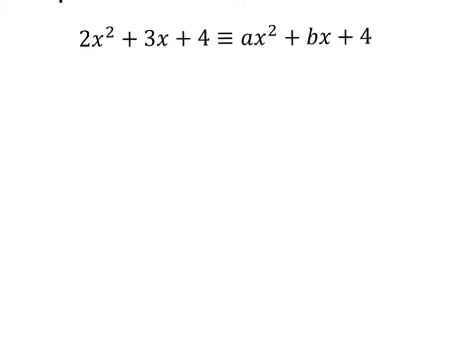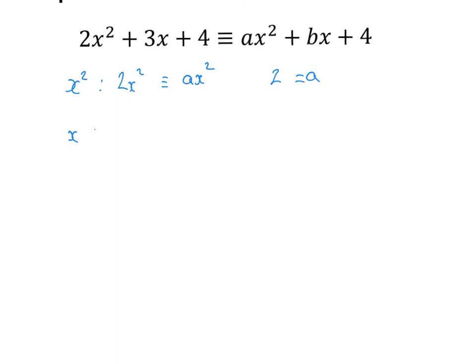So in this example, if 2x squared plus 3x plus 4 is identically equal to ax squared plus bx plus 4, that means if we look at the x squareds, on the left we have 2x squared, and on the right we have ax squared. So if they are identically equal, that means that 2 must equal a.